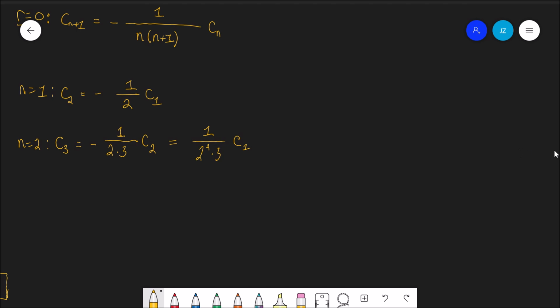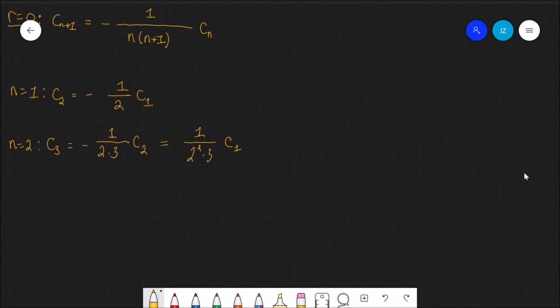For n equals 3, c sub 4 will be negative 1 over 3 times 4, c sub 3, which will be negative 1 over 2 squared times 3 squared times 4, c sub 1.